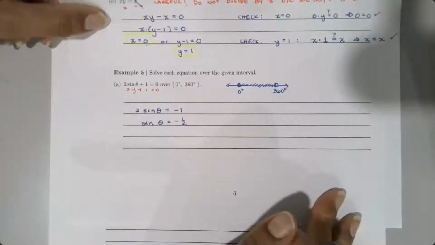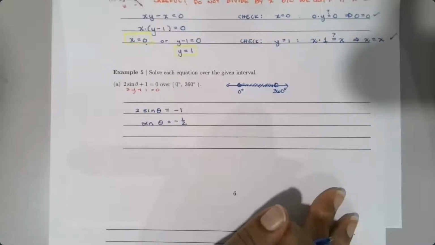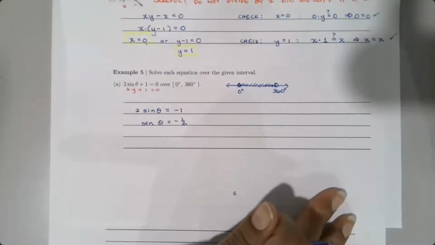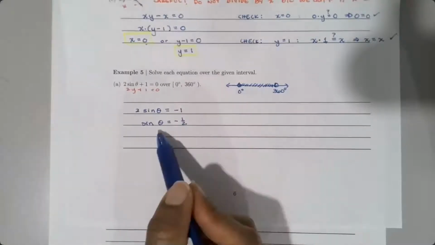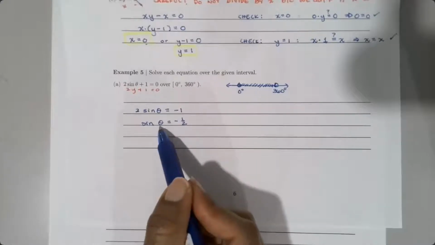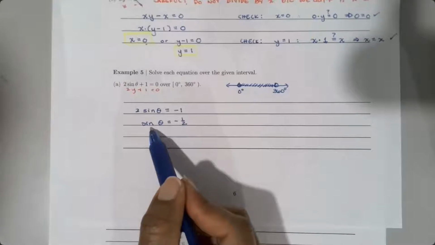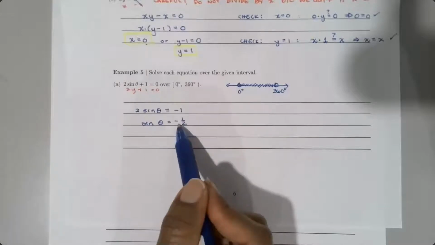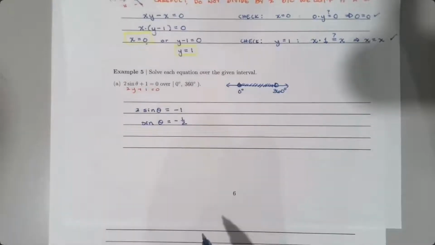So up to there, just algebra. Now comes the trick portion. What is this asking? This is asking what angles theta have a sine that is -1/2 in the range 0 to 360. Let me bring out the unit circle. And you guys help me out here.